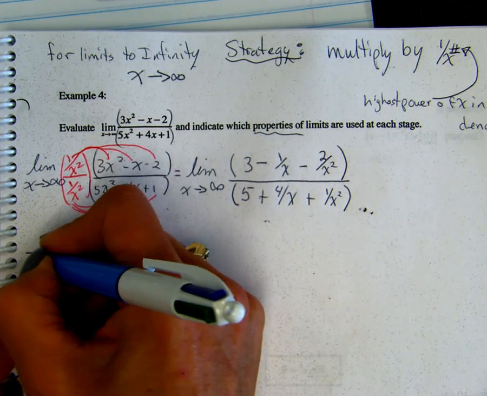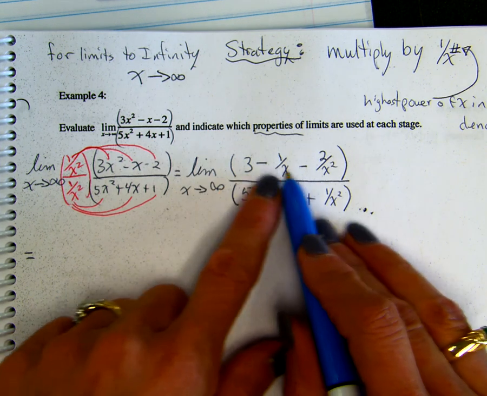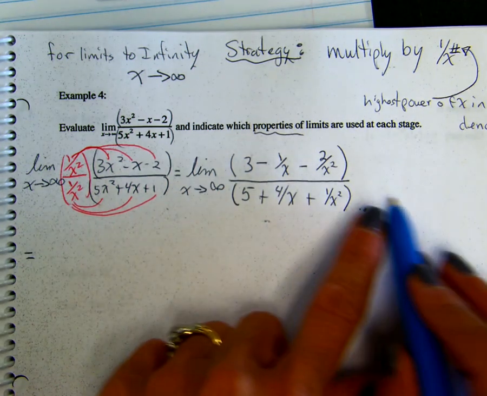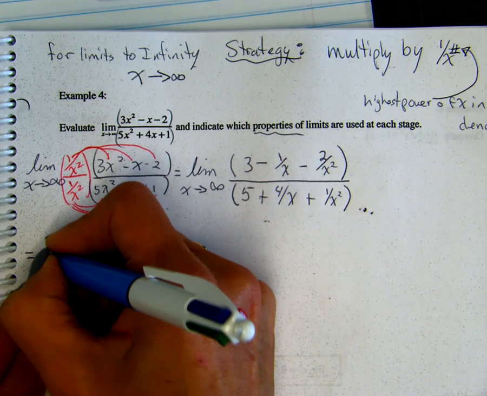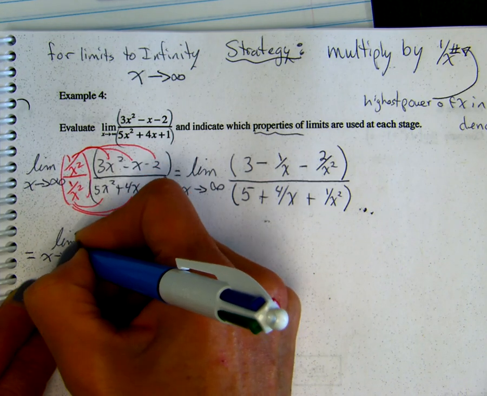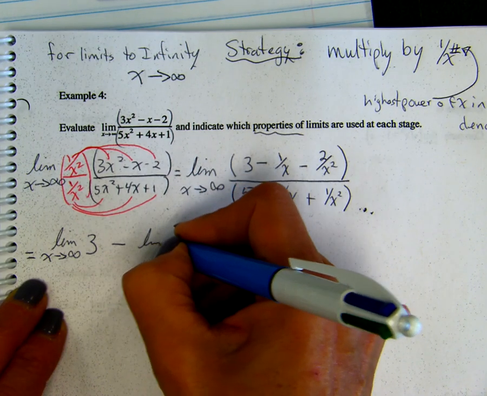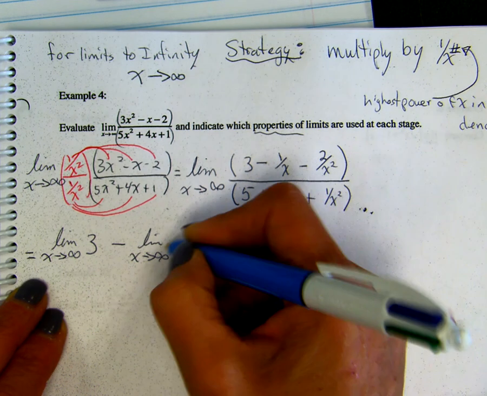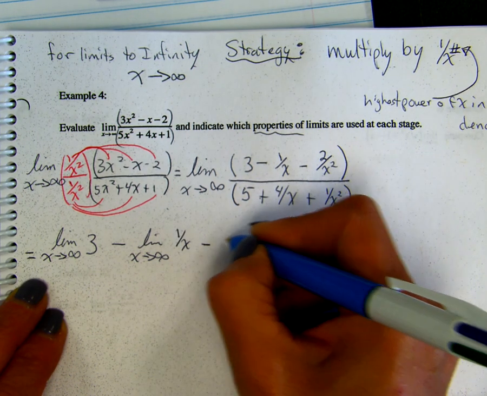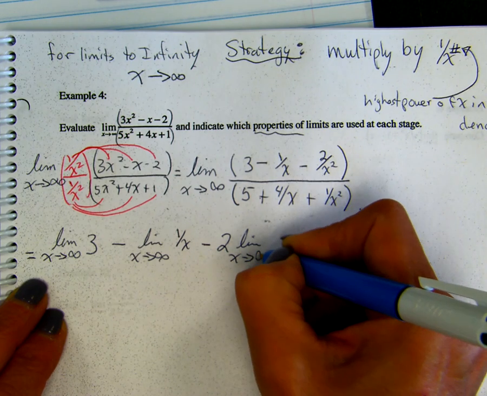Questions so far? Oh, here's the property that we're using. So we can actually split all these. You have the limit as x approaches infinity for the constant function 3. The limit as x approaches infinity of 1 over x.